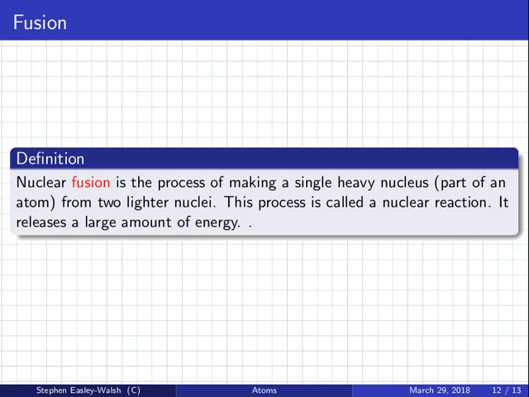What's the most dangerous or the weakest part of the fission reactor? The control rods. Because if the control rods get stuck, what can happen? Yeah, overheats. Okay, so let's look at how we could make a fusion reactor.